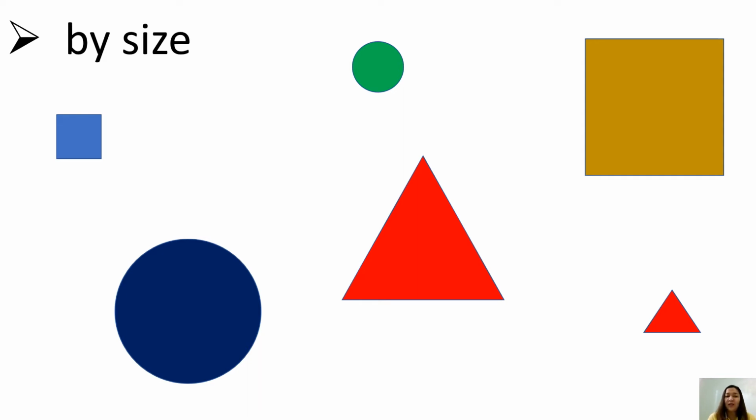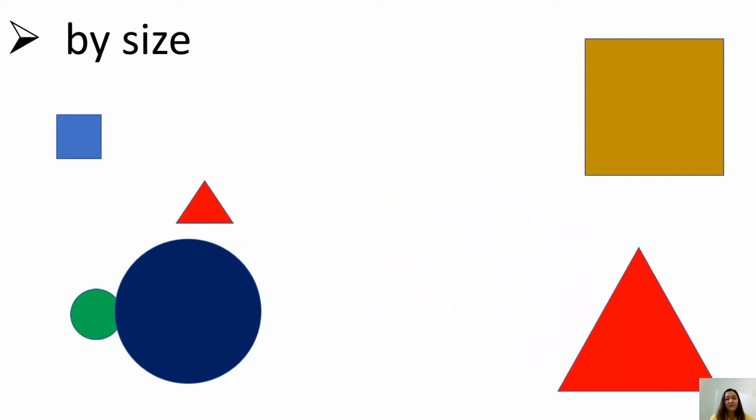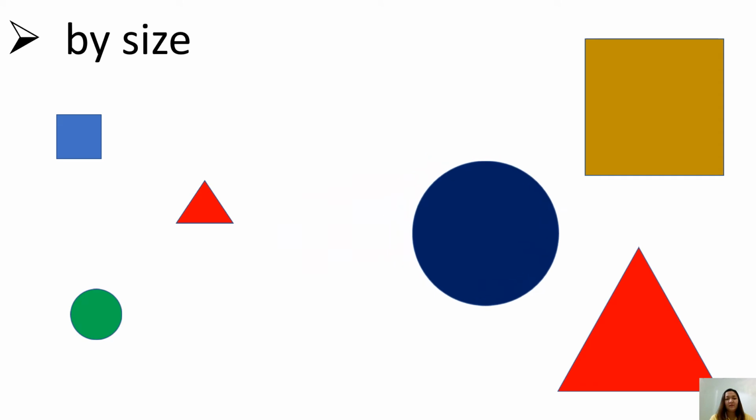So let's group it. So if you can see, the shapes are grouped by size, small and big.